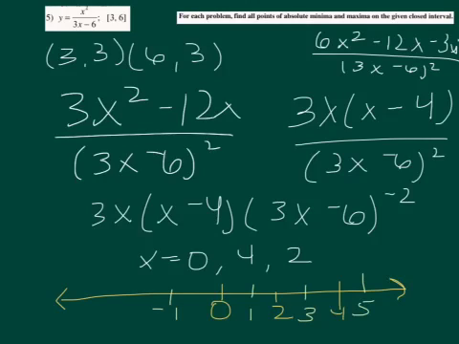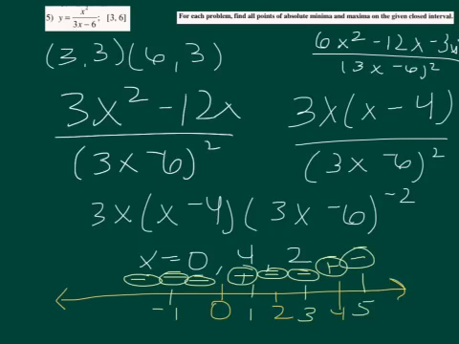So if I plug in -1 to the first one, it would make it a negative. And if I plug it into the second one, it would make it another negative. And if I plug it into the third one, it would be another negative. If I plug 1 in, it would be a positive, and a negative, and a negative, and then 3 would be a positive, and then a negative, and then a positive, and then 5 would be positive, positive, and positive.